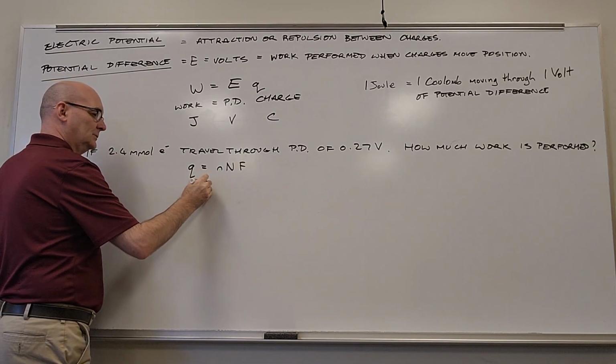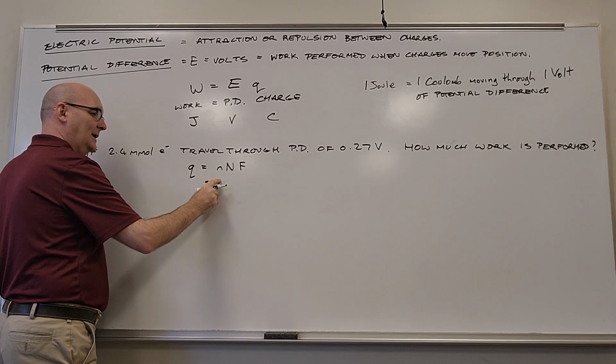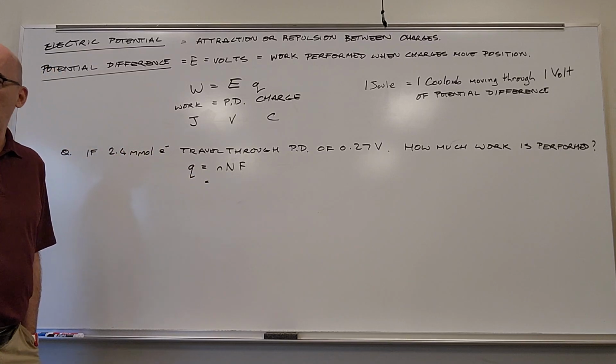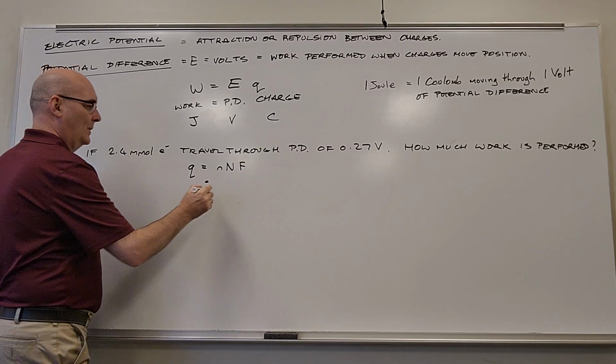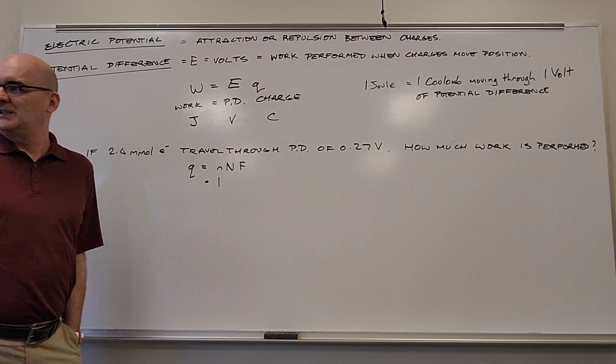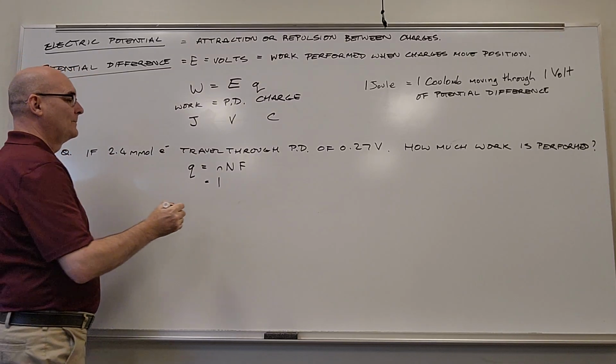Oh, the big N is the number of charges. What's the charge of an electron? It's 1 minus. So this is a 1. We didn't specifically do that the last time, but do it in your head, right?